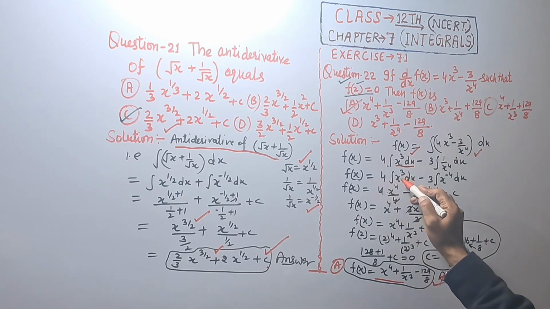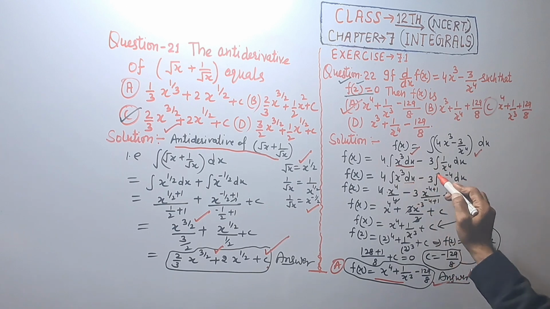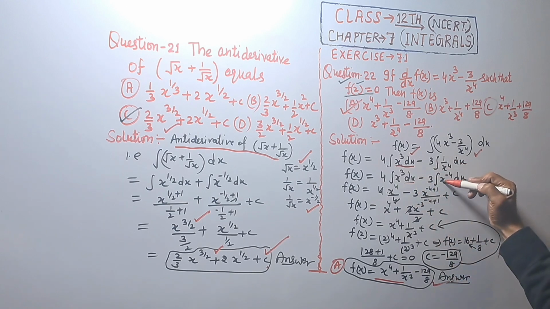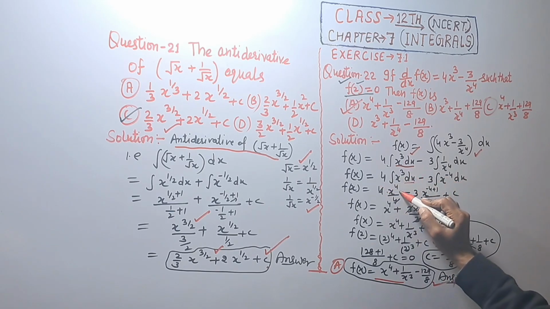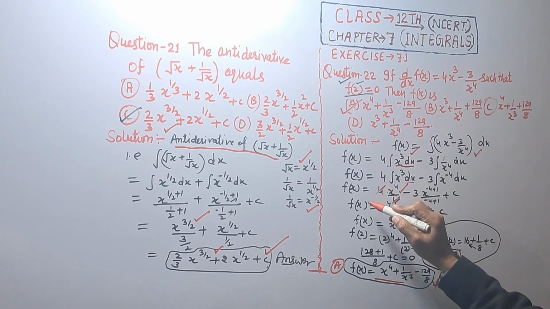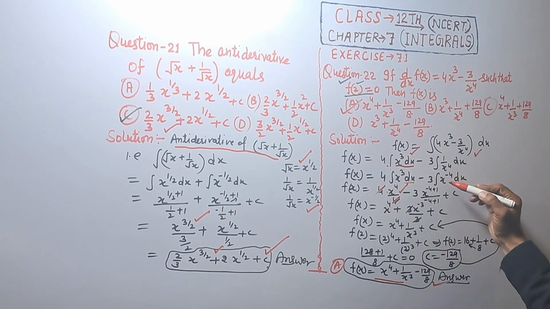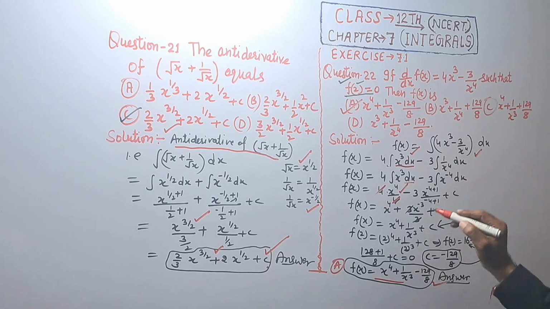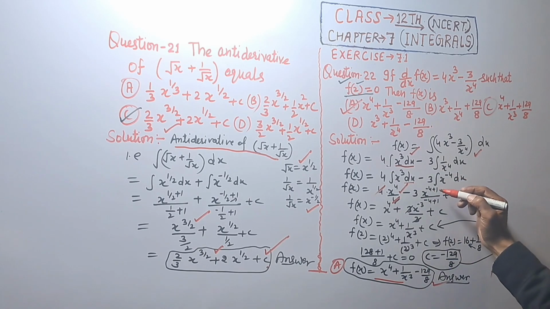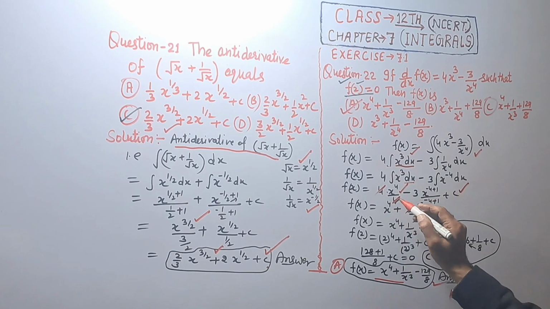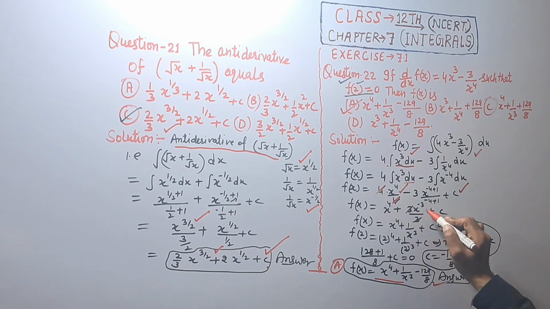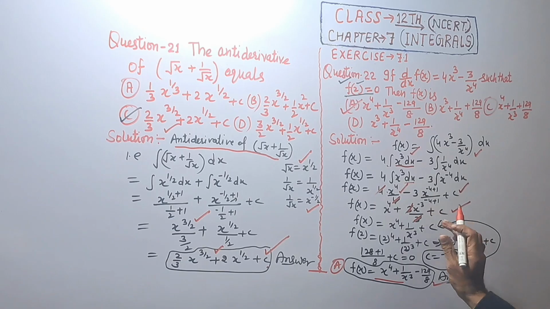We can write 1 upon x4 as x raised to power negative 4 dx, and integration of x raised to power 3 is equal to x raised to power 4 upon 4. 4 is cancelled, minus 3 into integration of x raised to power minus 4 is x raised to power minus 4 plus 1 upon minus 4 plus 1 plus constant c. f(x) equal to x raised to power 4 plus x raised to power minus 3 plus constant c, and x raised to power minus 3 we can write 1 upon x raised to power positive 3.